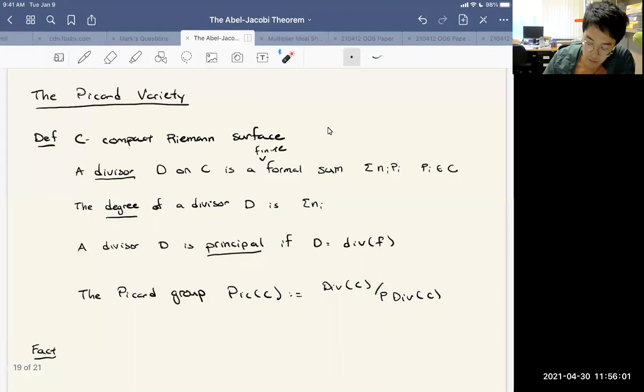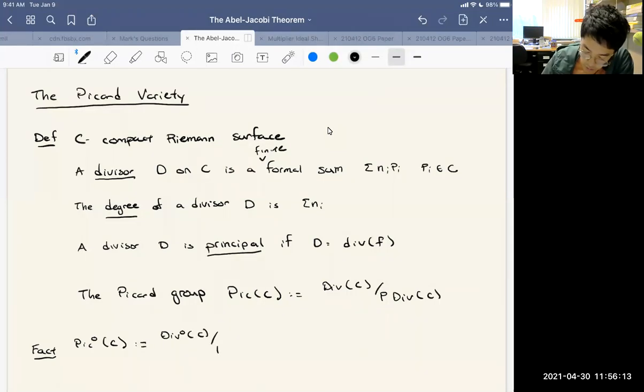And I wanted to write down the following fact: if I look at the divisors of degree 0, and I quotient out by the principal divisors of degree 0, I get the Picard group of degree 0.